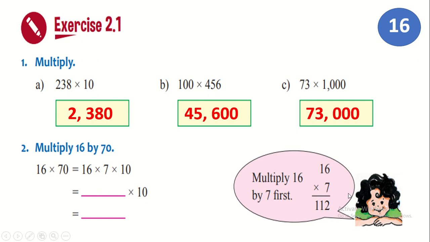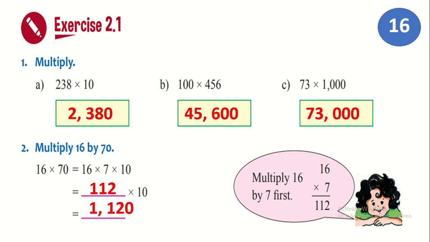And then you multiply by 10 to make it easy: you add 1 zero to the right. The answer is 1,120. Correct, students?